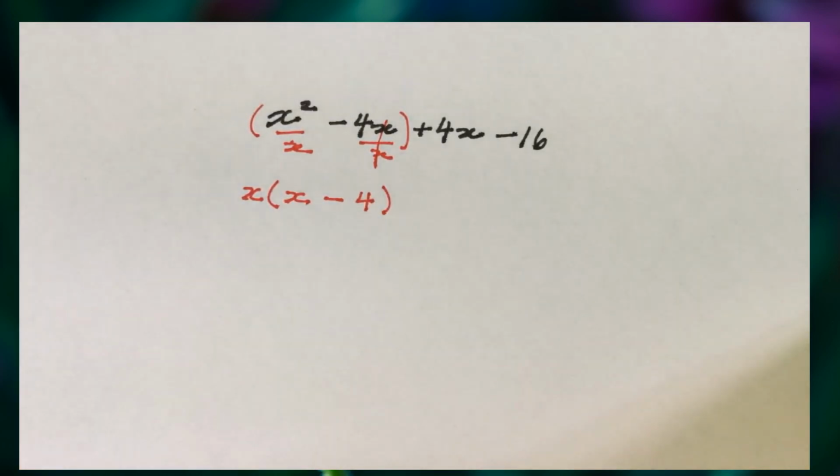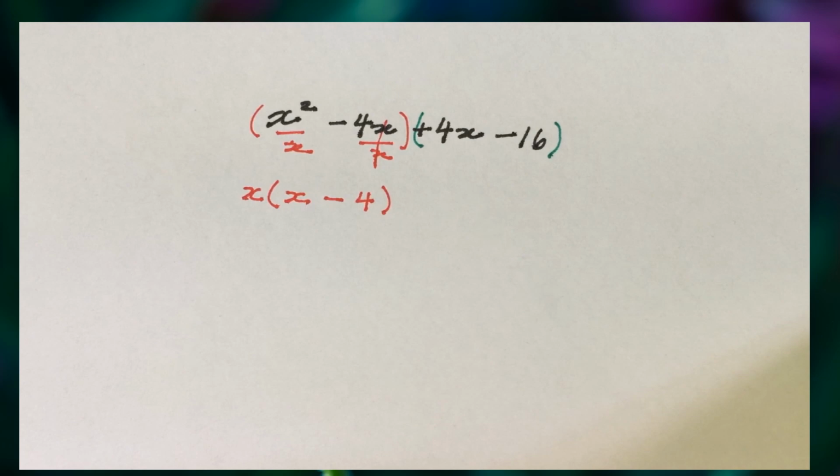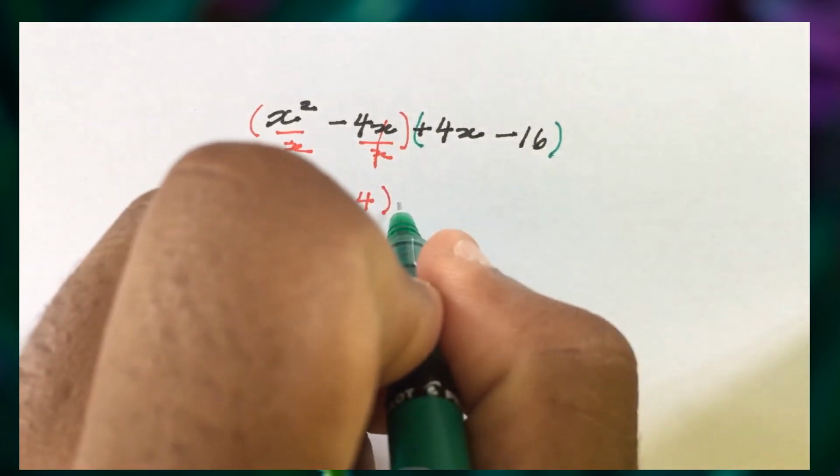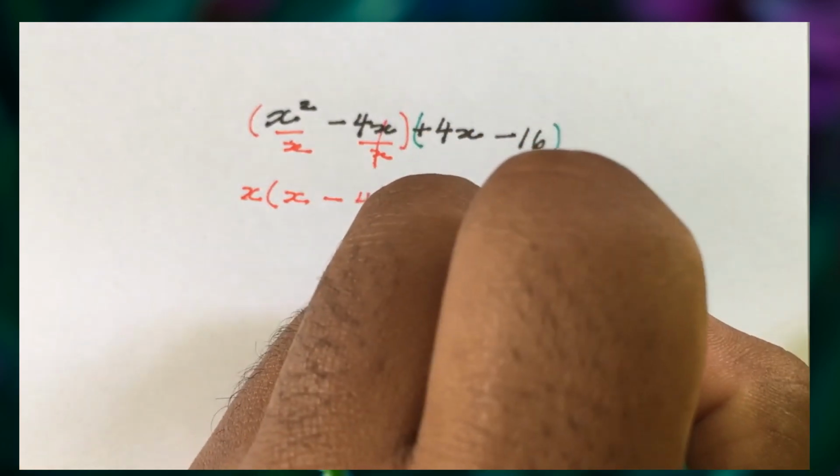Great. So we have completed the first bracket. Now we need to look at the second part, that 4x and that minus 16. So I know that 4 can go into 4x, and I also know that 4 can go into minus 16. So I'm going to factor out a positive 4 and open up a new set of brackets.